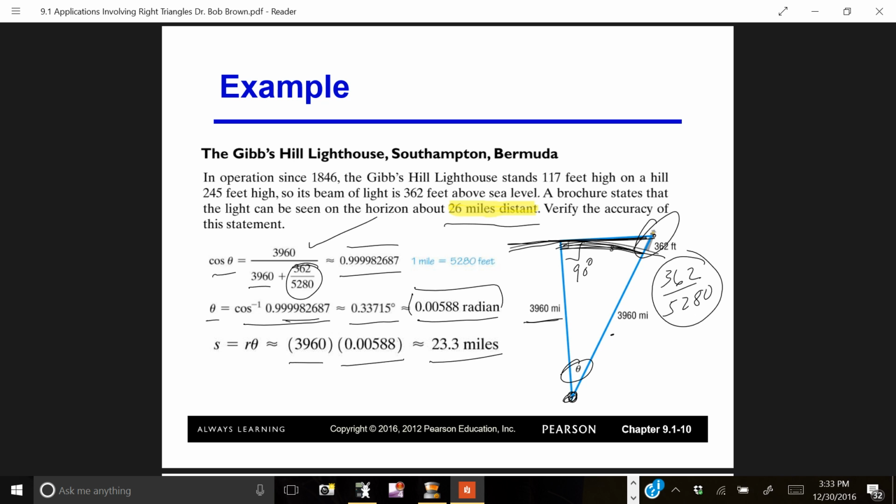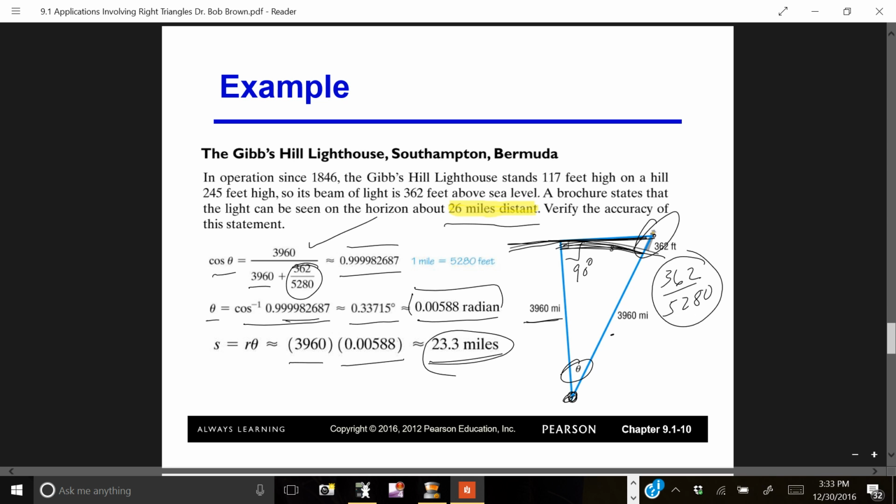That means that somebody beyond 23.3 miles could not be seen by the lighthouse. And you could also say that somebody beyond 23.3 miles could not see the lighthouse. So the statement that you can see the lighthouse if you're 26 miles away is not quite accurate.